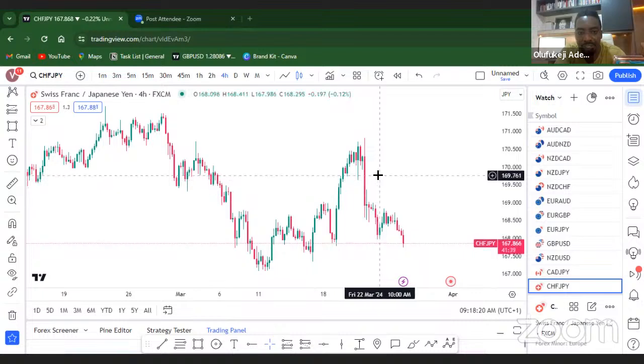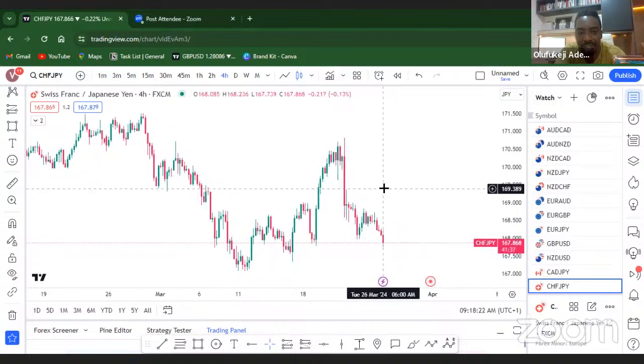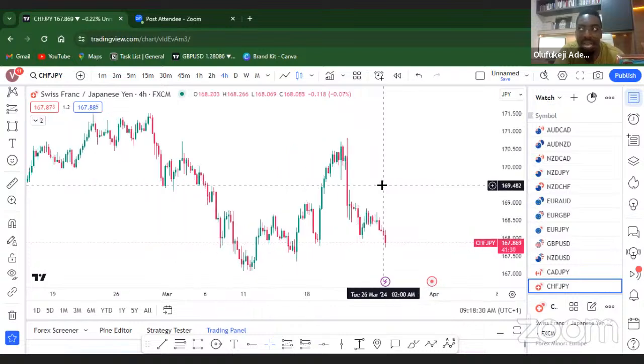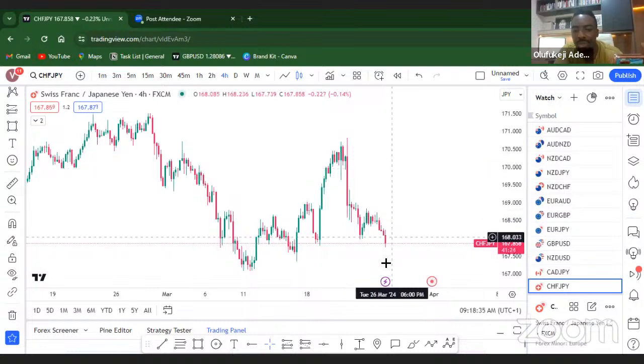And I said I'm going to keep looking at the Swiss franc, especially on the higher time frame. Why? Because I want to see that as the catalyst, the indicator that sentiment on the yen is gradually becoming bullish. See it forming a lower low today, and it's gradually trying to break all those lows.